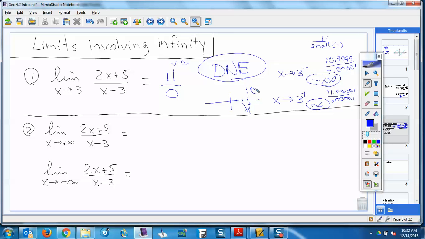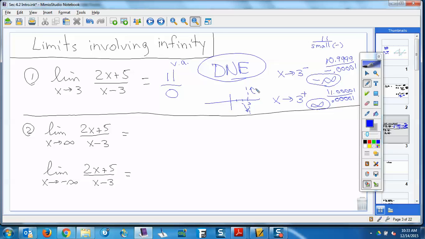Now, I wish it would say does not exist, because technically that's the language we want to use. Just do the original problem, where x approaches 3. It says undefined.